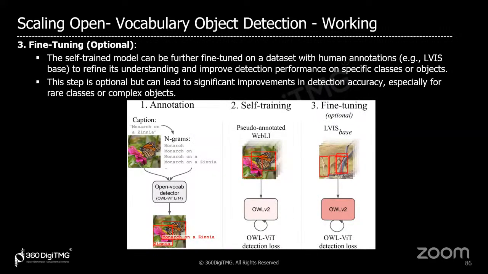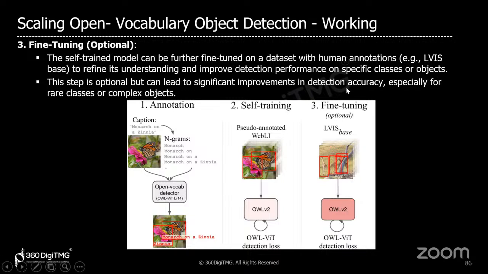Or otherwise, we can use it for fine-tuning as well. For our business problem, we can use it for fine-tuning purposes. So these self-trained models can be further fine-tuned on our datasets with human annotations to refine their understanding and improve the detection performance on specific classes or objects.